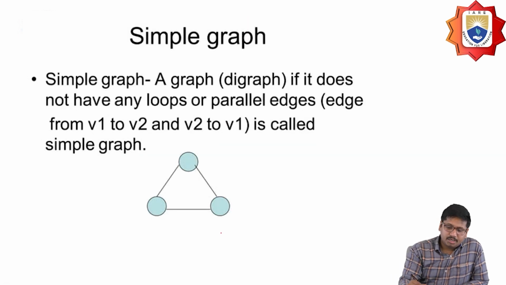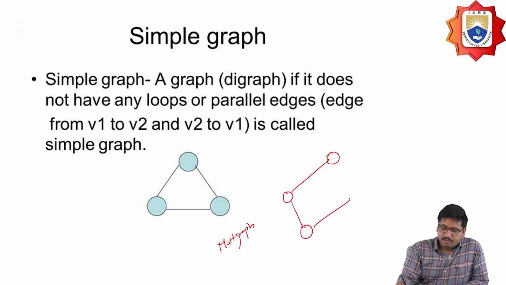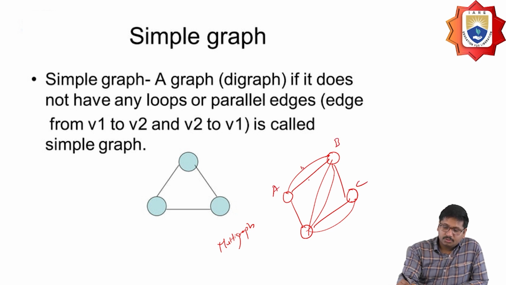So multigraph means that when the graph maintains multiple edges, then you can say that it is a multigraph. So there are two parallel edges between A and B, and then C and D, and B, C, C, D also.